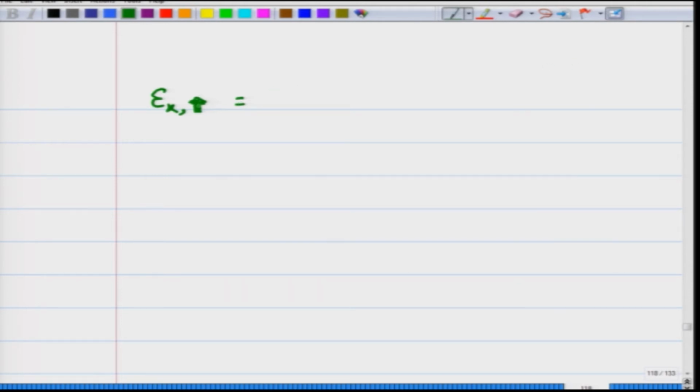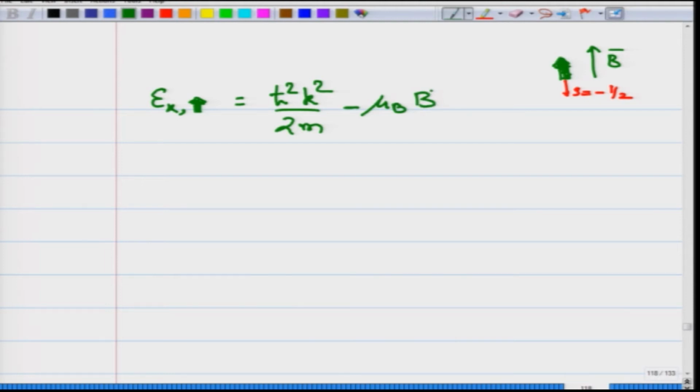By spin up I mean the magnetic moment is in the up direction, it is parallel to B. Namely, the electron is in the spin s equal to minus half. So for this state its energy is lowered because the spin is parallel to the magnetic field direction. So the energy for this is written as h cross square k square by 2m minus mu B into B, where B is the strength of the magnetic field that you have applied.